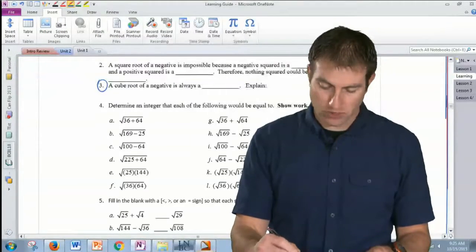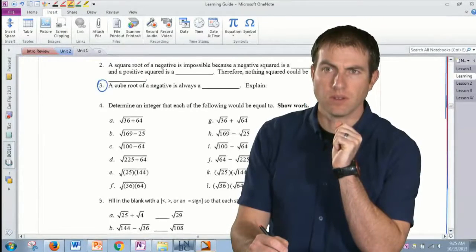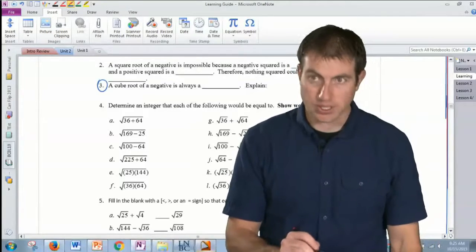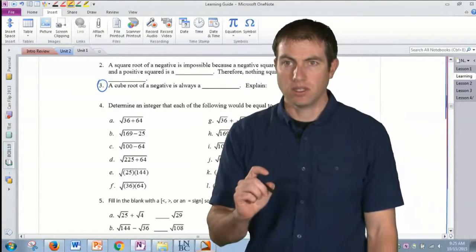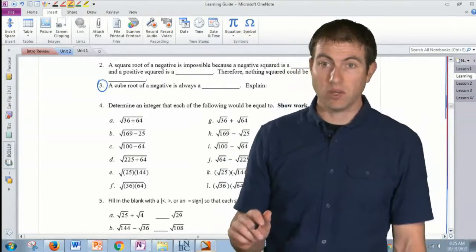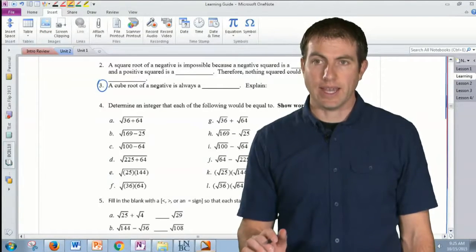Says negative square root of 98 like that, and then it's asking you to calculate it, simplify it, identify, or what's it asking for you to do? Give you a second, maybe you can help me out. Evaluate perhaps? Or is it like an estimate the value of? Determine the 2 closest whole numbers and estimate.